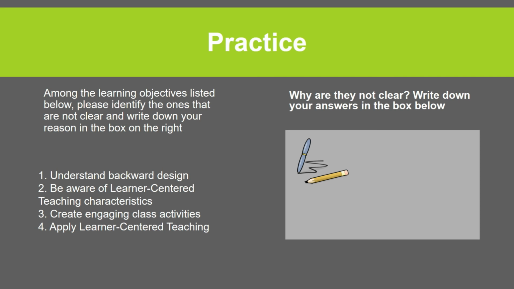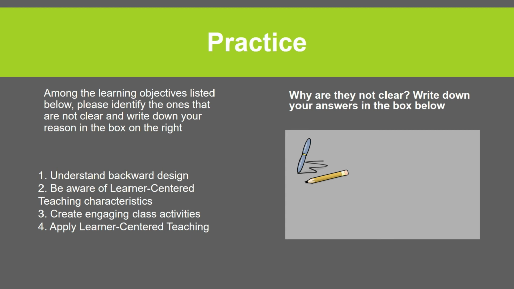because the word understand is being used. So that's probably a course goal, not a learning objective. So we would replace the word understand, to make it more specific, with to explain backward design. That is a correction that we could make there. Be aware.